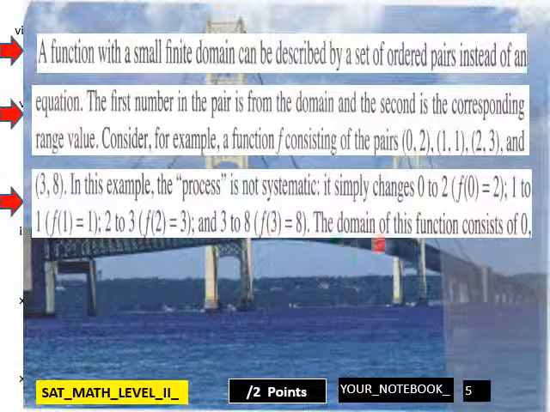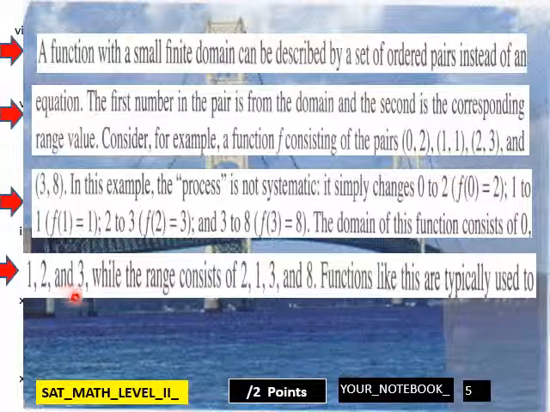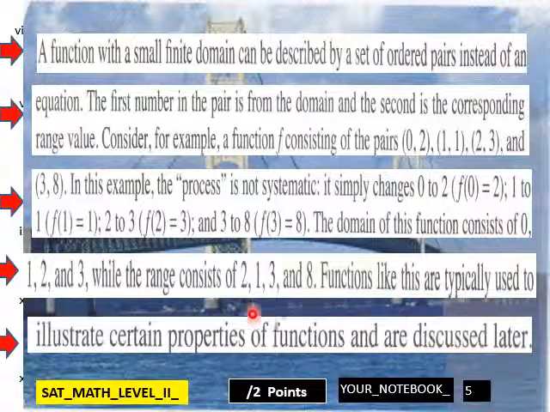The domain of this function consists of 0, 1, 2, and 3, while the range consists of 2, 1, 3, and 8. Functions like this are typically used to illustrate certain properties of functions and are discussed later. A function is actually a special type of relation.